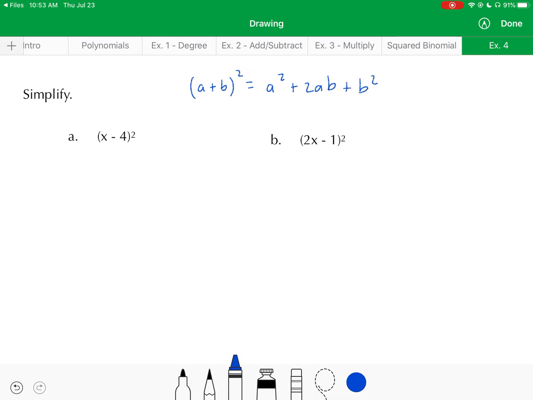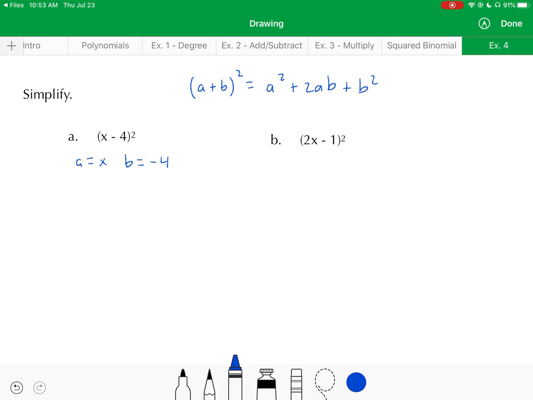All right, so here in example A, I have x minus 4 being raised to the second power. So think of your a value as x, and think of your b value as -4 here. All right.